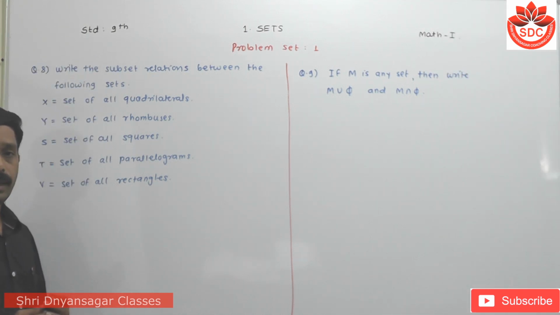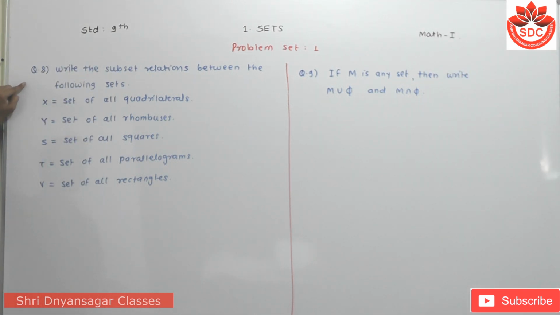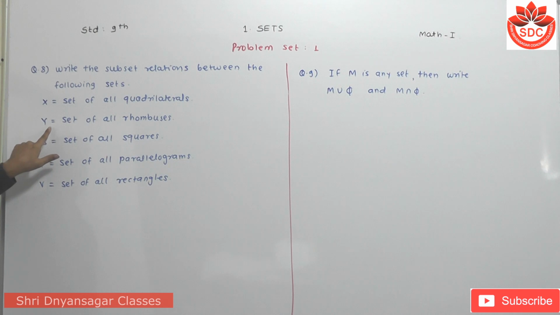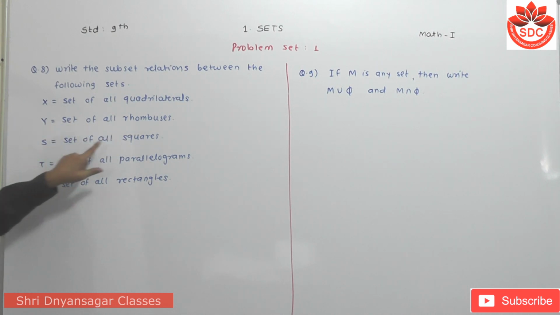Let's see question number 8. Write the subset relation between the following sets. Set X is the set of all quadrilaterals, Y is the set of all rhombuses, S is the set of all squares.